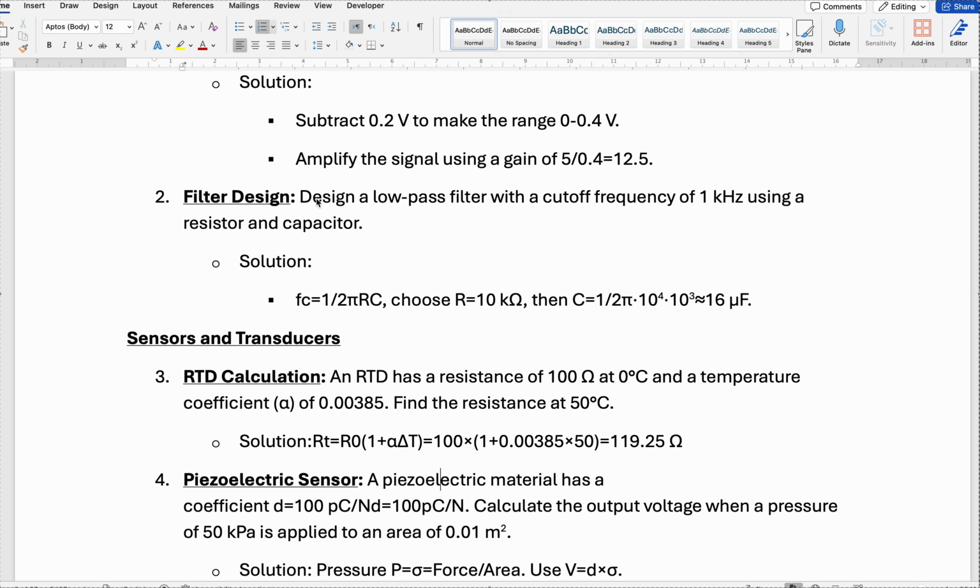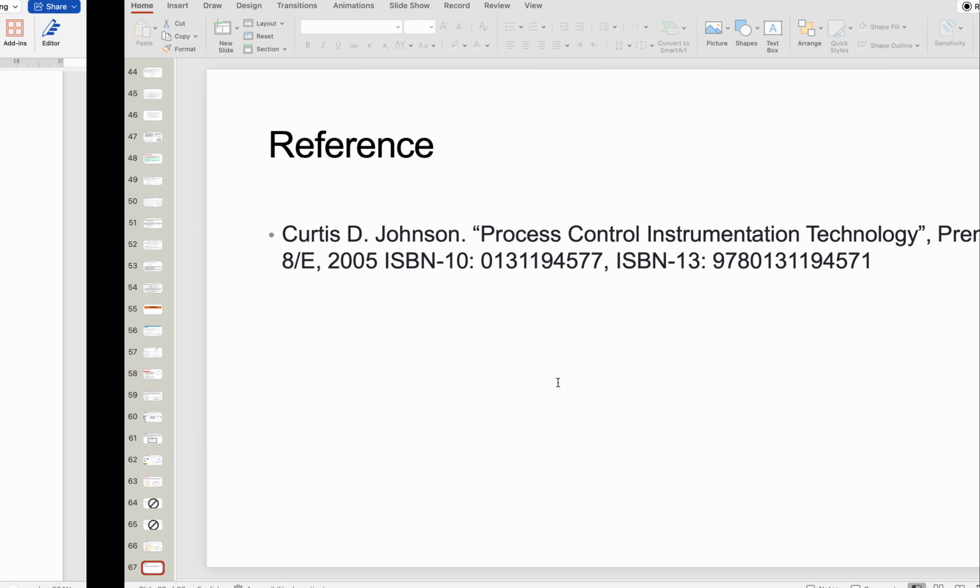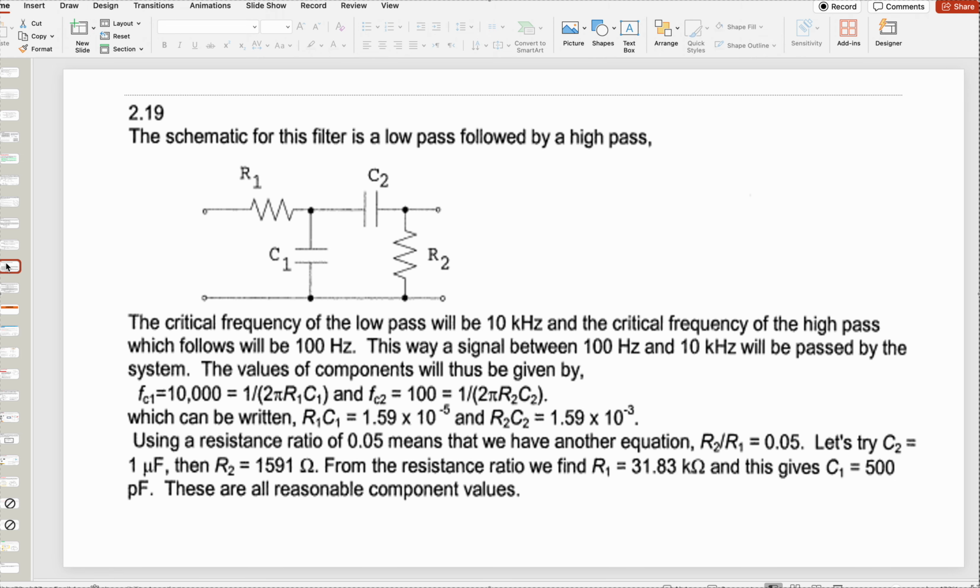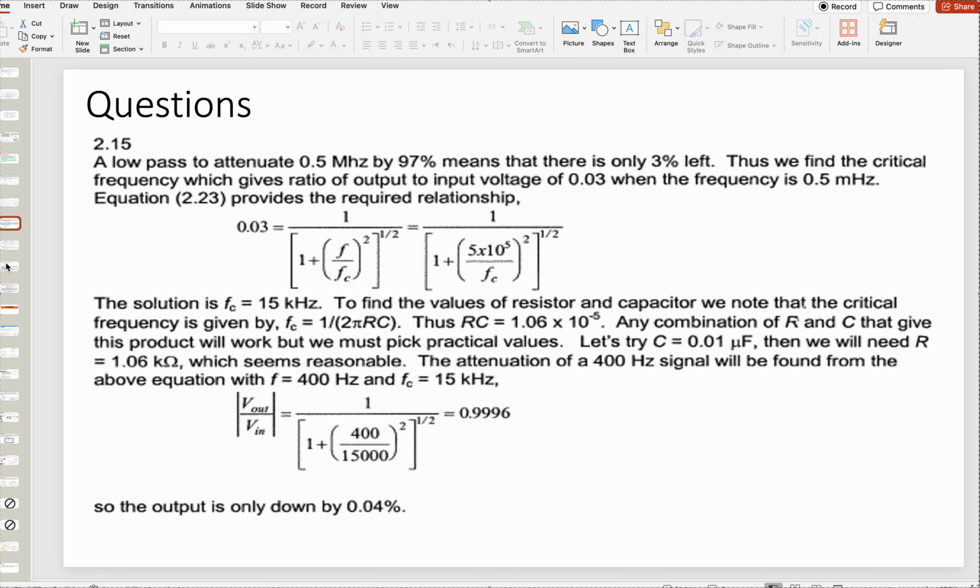Going to the filter: design a low pass filter. Now that is a good question, in which I have fc is equal to 1 over 2 pi RC. Remember that you can always select the value of R or C. The way that we solved it, we selected the value of C, if you can recall. So let's look at one of the low pass filters, a low pass filter to attenuate.